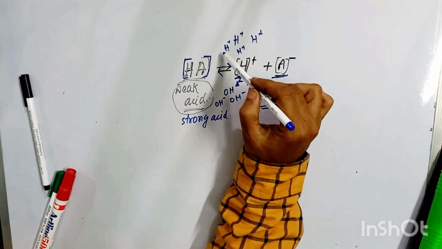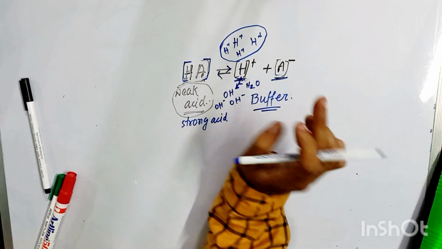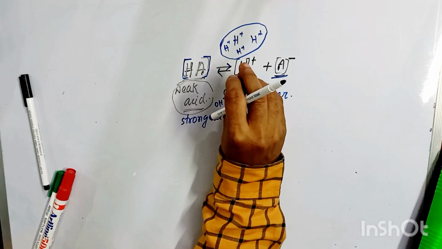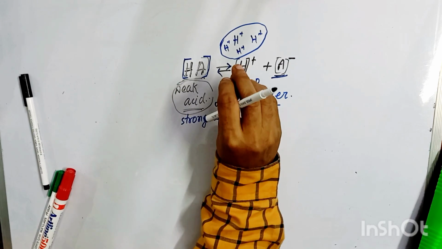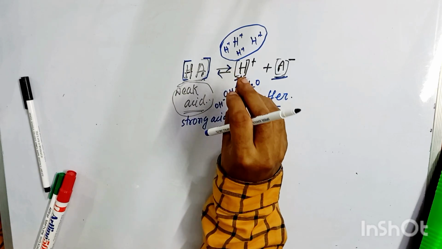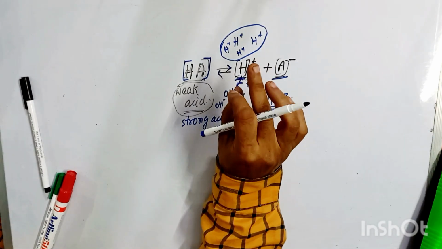It can tolerate a hydrogen insult, when there is a sudden increase of hydrogen ion concentration due to some different acids that I have added, or some different acids that are produced in our body, or we have somehow developed acidity in our body.